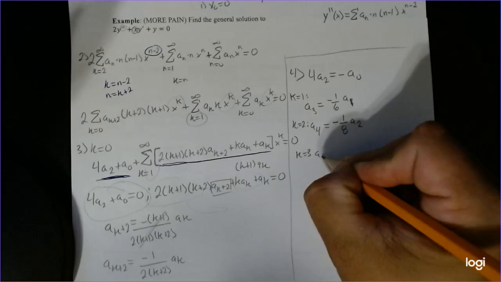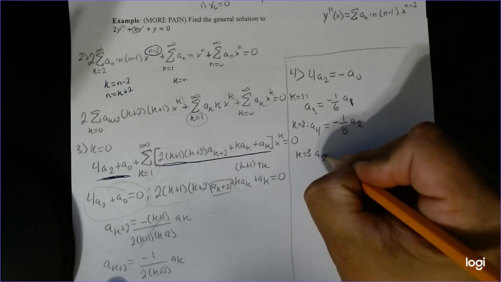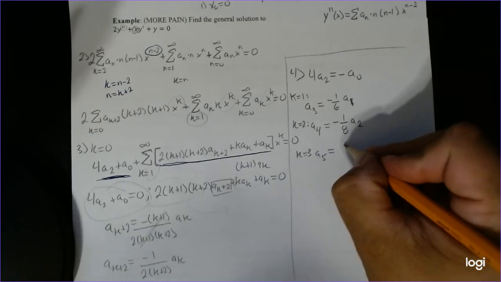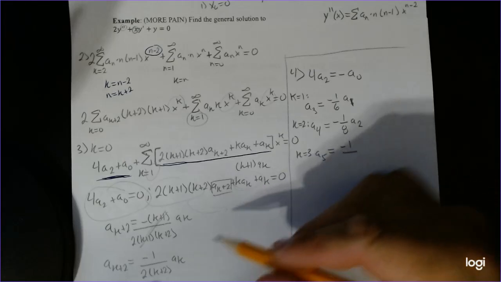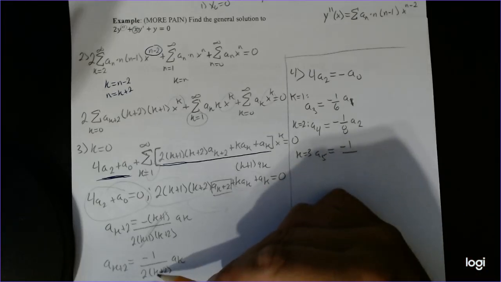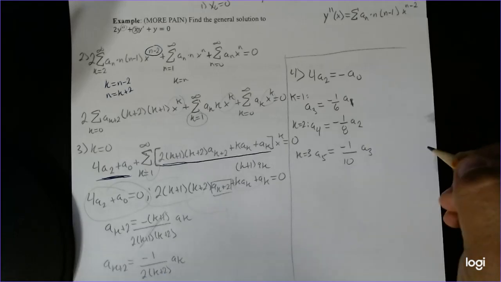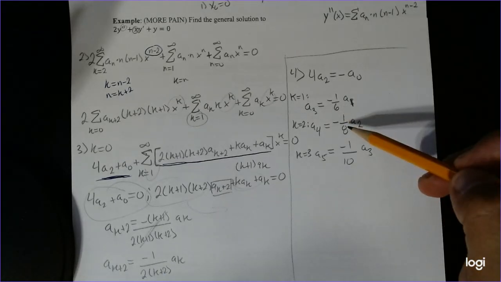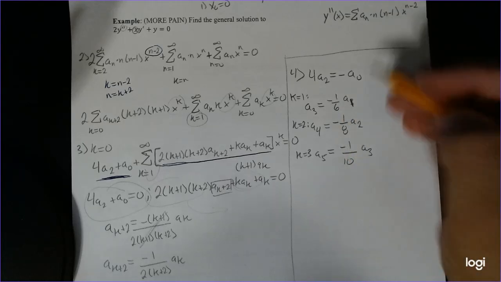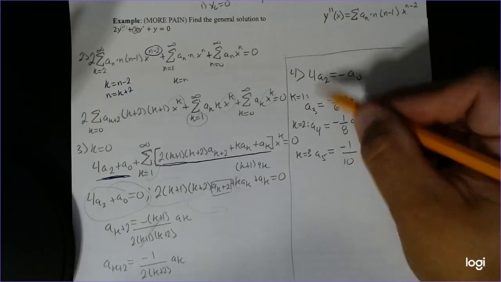K equals 3. This is going to be 5, so 5 times 2 is 10, a3. If you notice, there is a little bit of a pattern on the bottom. So let's make this look kind of like this.